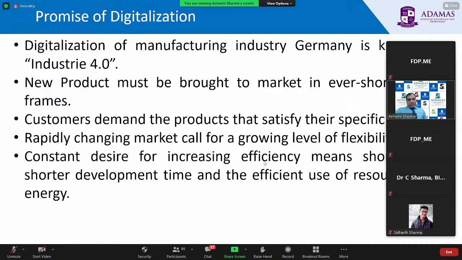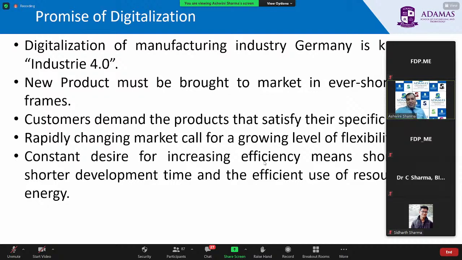Okay, so the next part is a constant desire for increasing efficiency that requires shorter and shorter development time and efficient use of resources and energy. Shorter development time means we have to rapidly come into the market so that we can have more of the market share and make a very good business out of it.